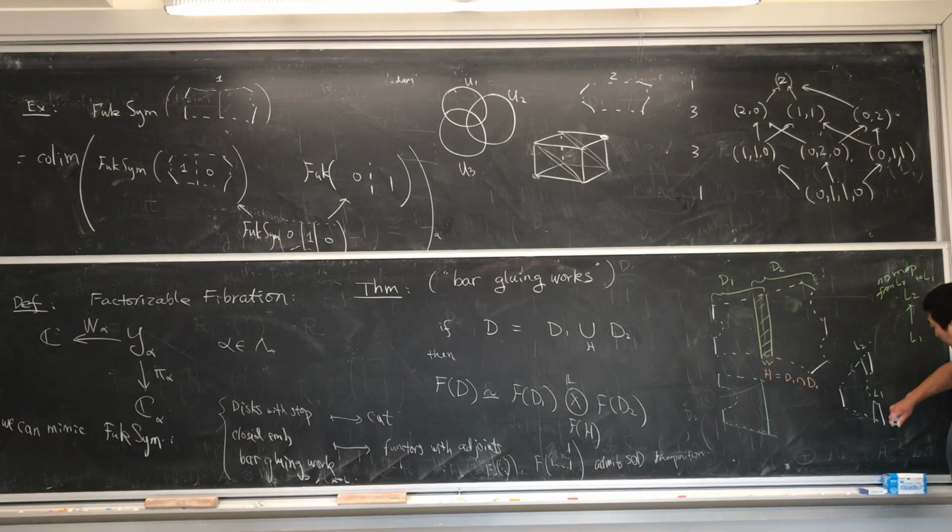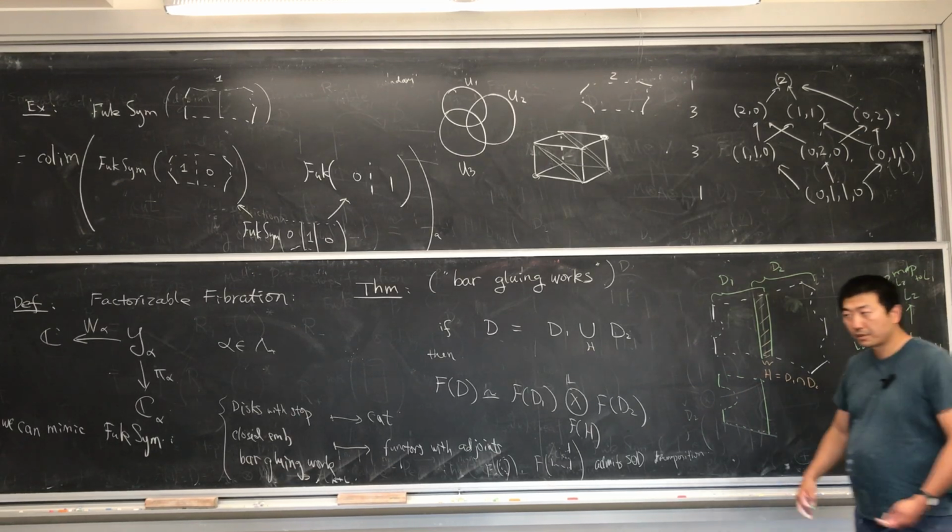For example, if I give you 2 strands, you can consider 2 strands being of the form either (2, 0), or (1, 1), or (0, 2). And because of the wrapping condition, (2, 0) can map to (1, 1), (1, 1) can map to (0, 2), but you cannot map backward.